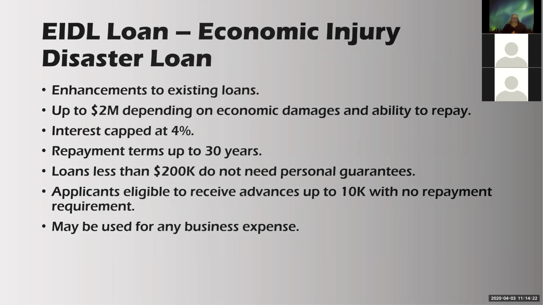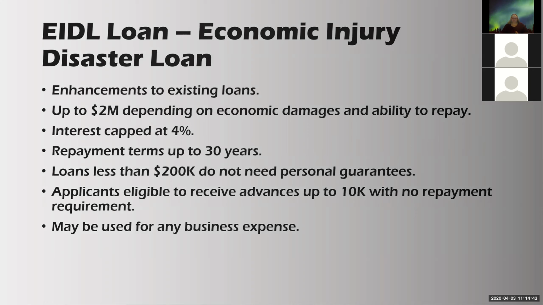This one, the economic injury loan, is capped at the 4%, same as the other one, but the repayment terms are up to 30 years instead of 10 years. So this one will be spread out a lot more.